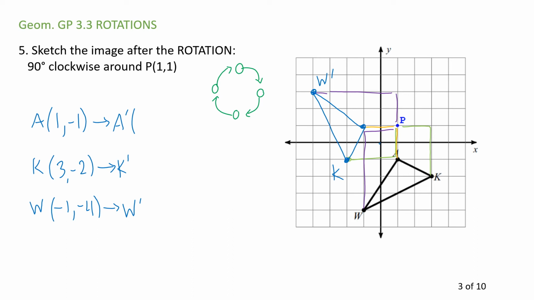That's not P, that's A. A prime, -1, +1. K prime is -2, -1. And W is -4, +3. Notice there's no rule that you can come up with on this.